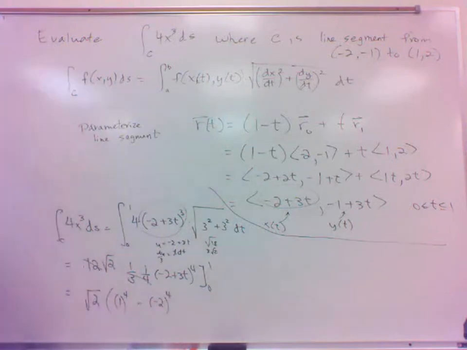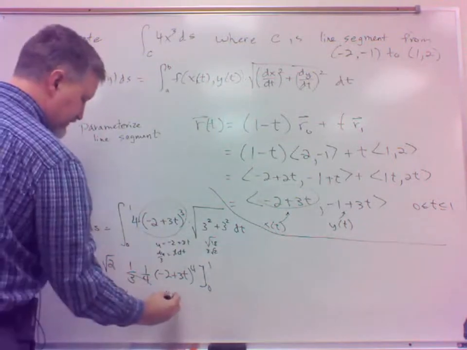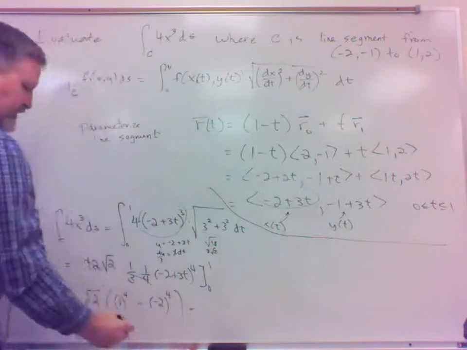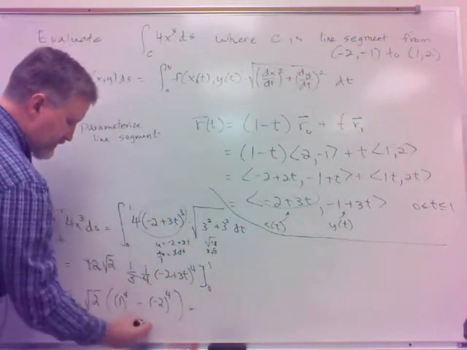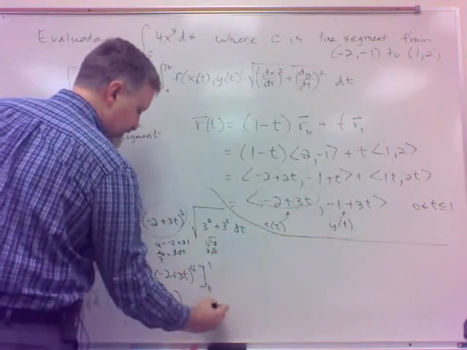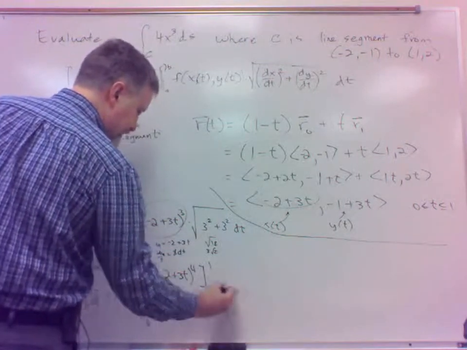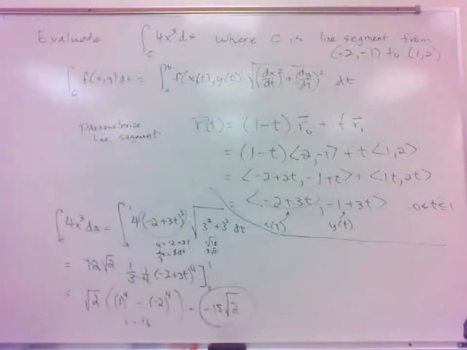So we have 1 to the fourth minus negative 2 to the fourth, which is 1 minus 16, so that would be negative 15 square root of 2. Okay. All right. So a few steps and different things that we have to go through there, but not too bad.